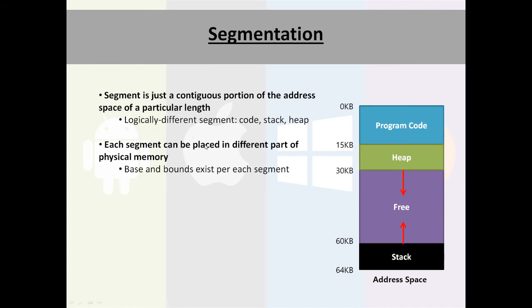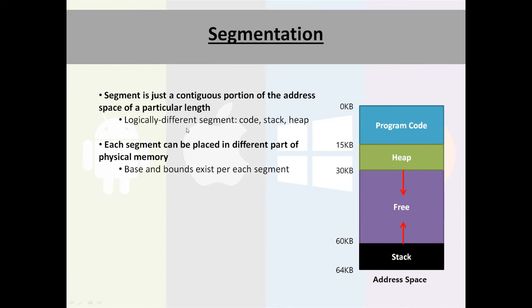And because of this problem, a solution was made, and that was segmentation. Now, a segment is just a contiguous portion of the address space of a particular length. So instead of having a single process or an address space represented as a single object, it is now broken down into what we call segments.